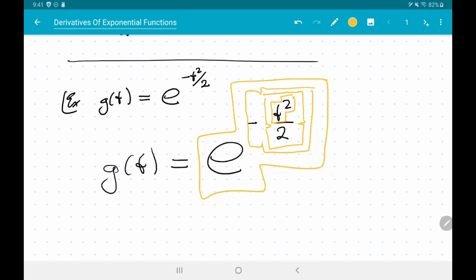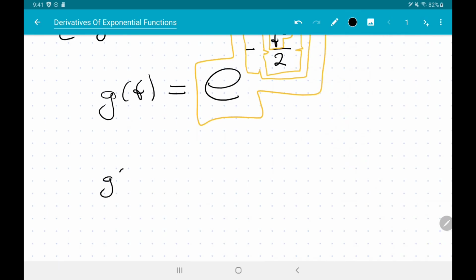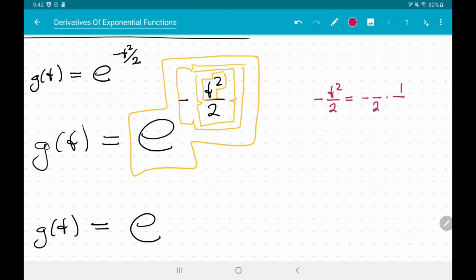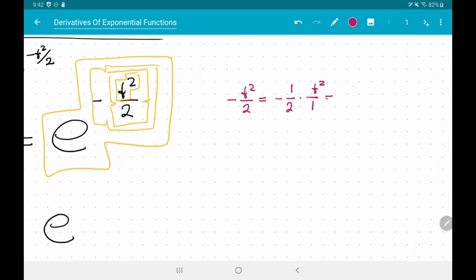So that means that when we do g prime, we will actually start with the exponential rule. Before we do that, though, I'm going to do a little bit of rewriting that usually helps. Let me come over here and write it out. What I'm going to do is spread out the t squared over 2, and you do that by making it two separate fractions and putting one in the numerator and denominator, and then I'm going to get rid of that division by 1.